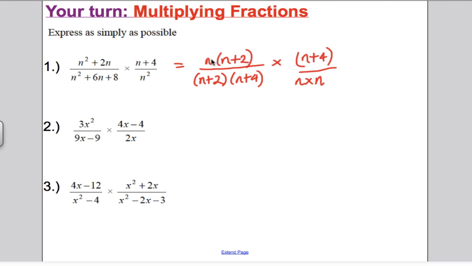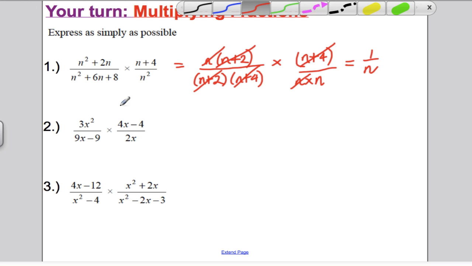So now we cancel that n, cancel with that n plus 2, we cancel with that n plus 2, that n plus 4 cancels with that n plus 4. We're not left with 0 on top, we're left with a 1, and we've got an n on the bottom. So the answer is 1 over n.